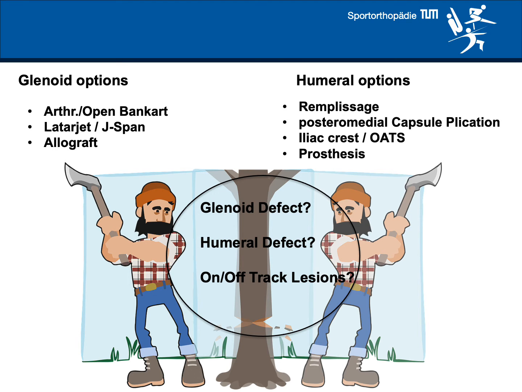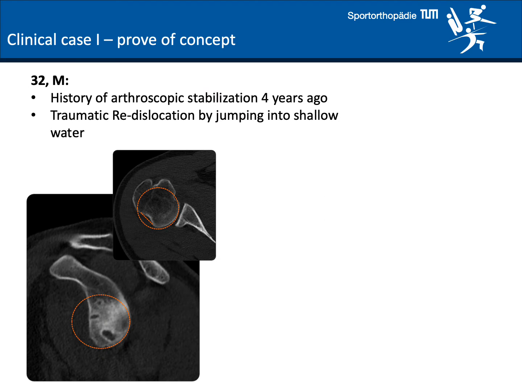We have options on the glenoid side and the humeral side: arthroscopic or open Bankart repair, Latarjet, J-bone graft, allograft. On the humeral side, remplissage, posterior capsular application, iliac crest, Oates, or prosthesis. First case now, arthroscopic stabilization 4 years ago, a traumatic redislocation.